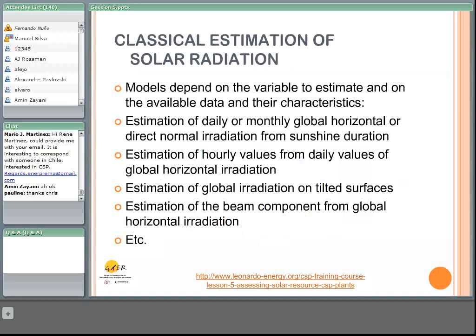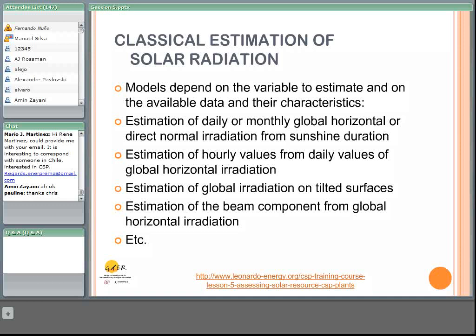For example, it's possible to estimate the daily or monthly global horizontal or direct normal irradiation from sunshine duration, or it's very common to estimate hourly values from daily values of global horizontal radiation, and the estimation of global irradiation on tilted surfaces for different applications.